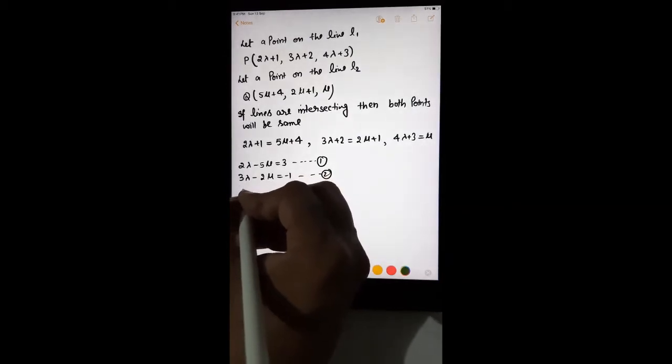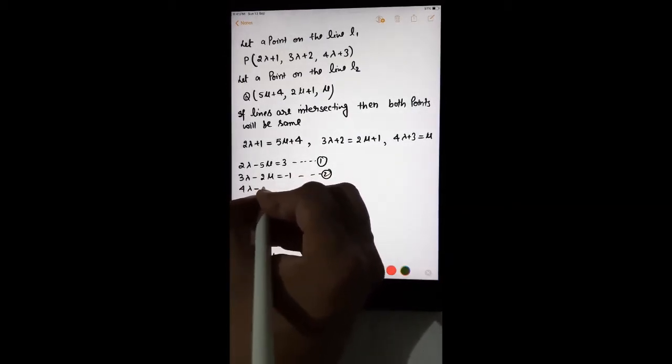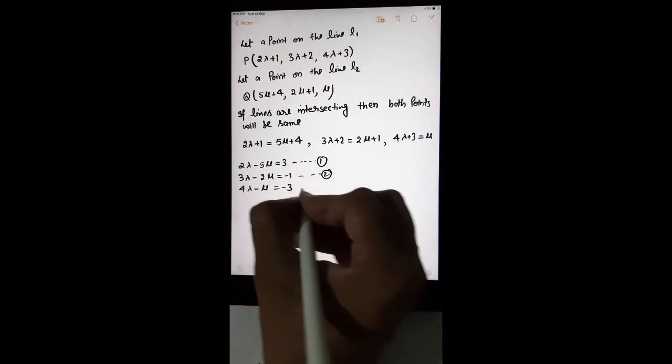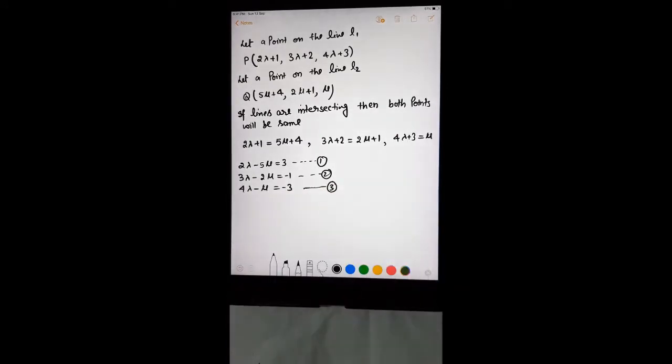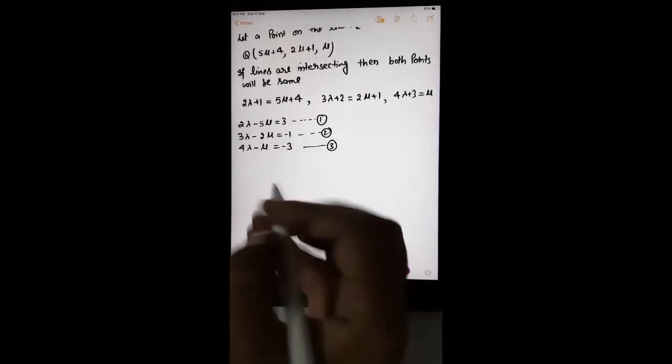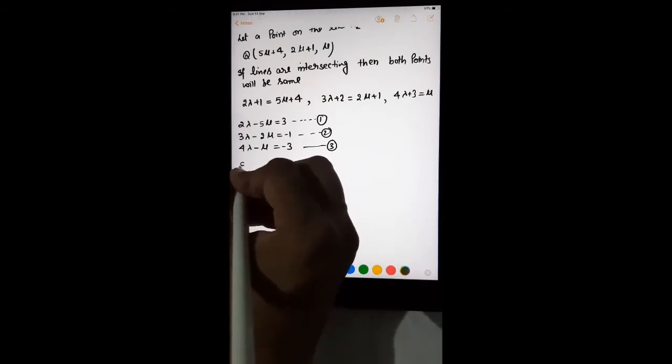And the third equation will be 4 lambda minus mu equals minus 3. So solve any two equations, then check whether the values of lambda and mu satisfy the third equation or not. If they satisfy the third equation, then the two lines are intersecting. If not satisfied, then these two lines are not intersecting.